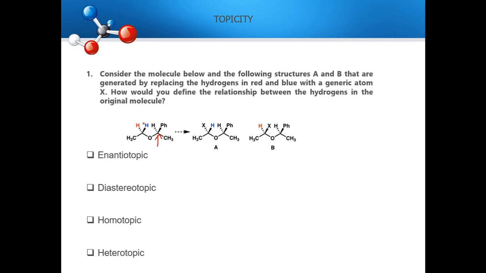Therefore, when a new chiral center is generated in the molecule by replacing hydrogen with X and hydrogen with X, you can see that these two molecules are not mirror images of each other, but they are stereoisomers, and therefore we can identify them as a pair of diastereomers. So by replacing these two hydrogens, we get a pair of diastereomers. Therefore these two hydrogens should be diastereotopic.